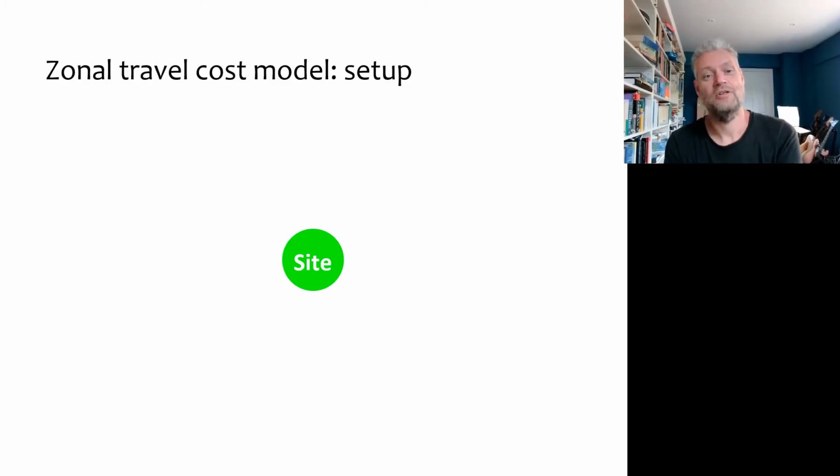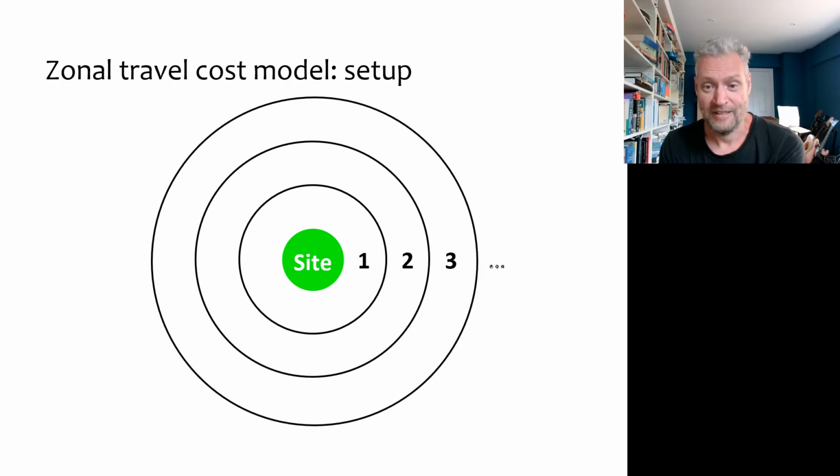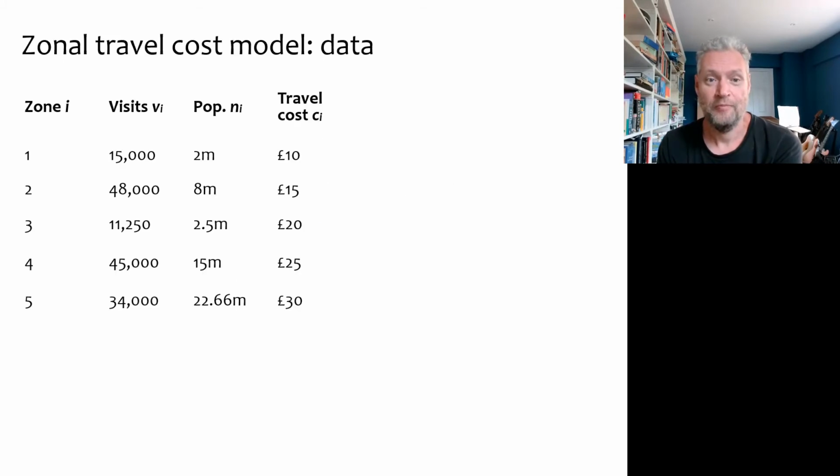In the zonal travel cost method, you have a site, a park that you're interested in. Then you create zones around it for which, as Hotelling suggested, the cost of travel is approximately constant within that zone. Then you look at for each zone how many visits there were.